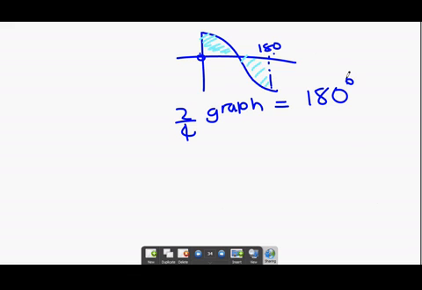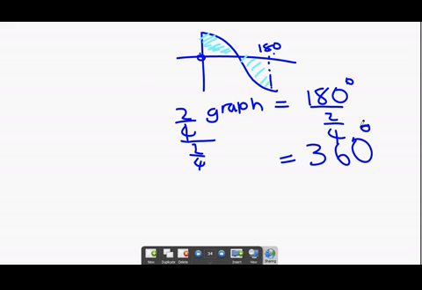For me to find out how much one graph occupies, I'm going to divide this one by 2 quarters, and also divide this one by 2 quarters. That's another way of doing it. So if I divide that one by 2 quarters, it means that I am going to get 180 divided by 2, that's 90 times 4, and then that's going to be just a simple 360 degrees.